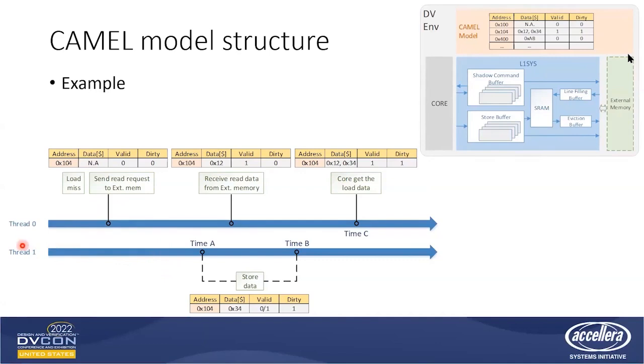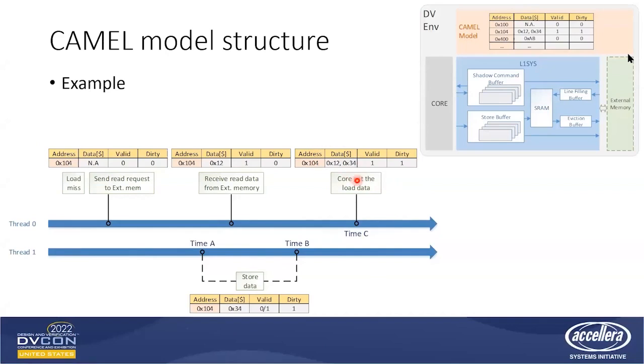So thread 1 may send a store instruction to the same address 104 at time A or time B. Let us set the data to 34 for the store to the cache, and add this behavior at time C. Thread 0 gets the data, maybe 12 or 34.